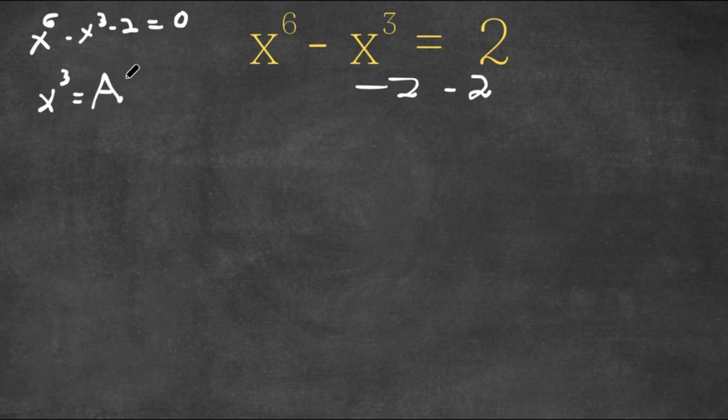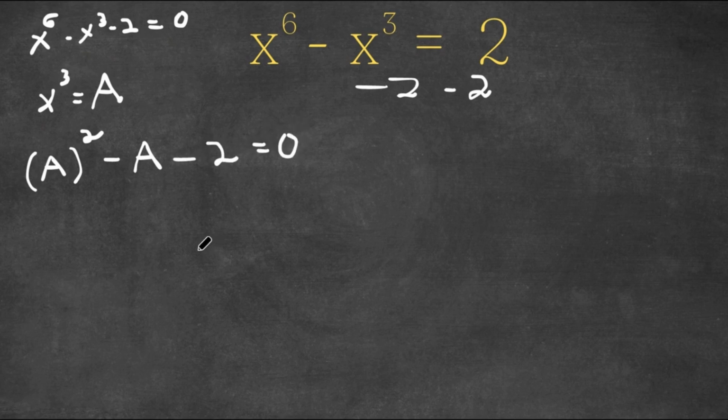So now if I plug in a into this equation for x to the power of 3, we get a squared, because x to the power of 3 squared is x to the power of 6, minus a minus 2 is equal to 0. So now, as you see, we have a quadratic equation.